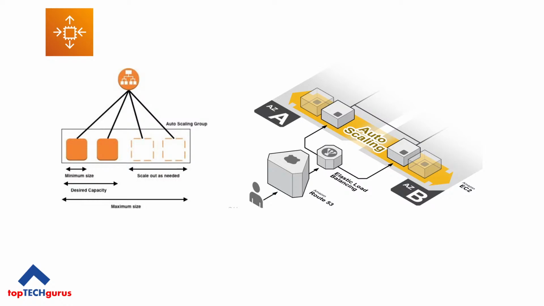The first request would go to availability zone A, which is on the left, and the second request would go to availability zone B, the third one will go back to A, the fourth one to B, the fifth to A, the sixth to B, and so on.